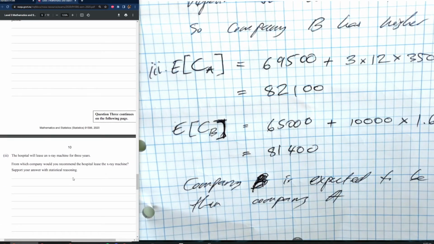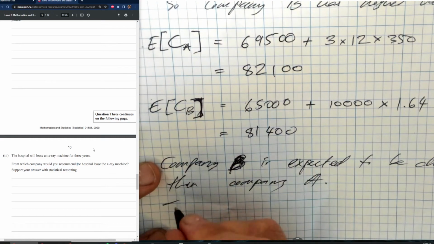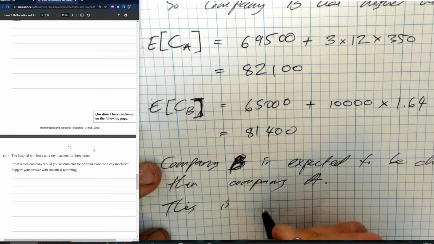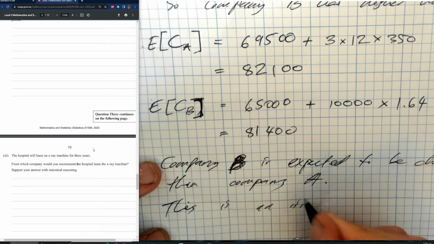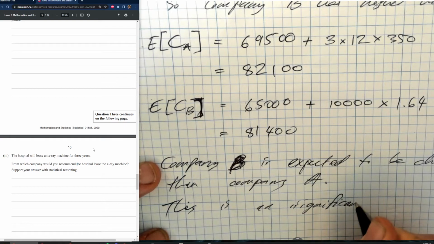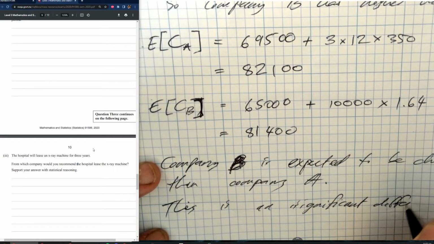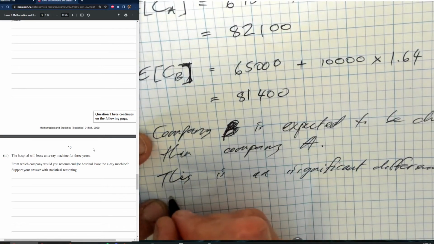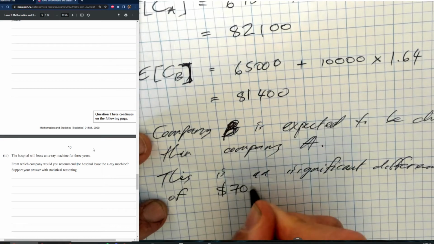The question is saying you recommend. The difference is an insignificant difference though. What is the difference here? It's tiny, right? $700 or something? Of $700 though.